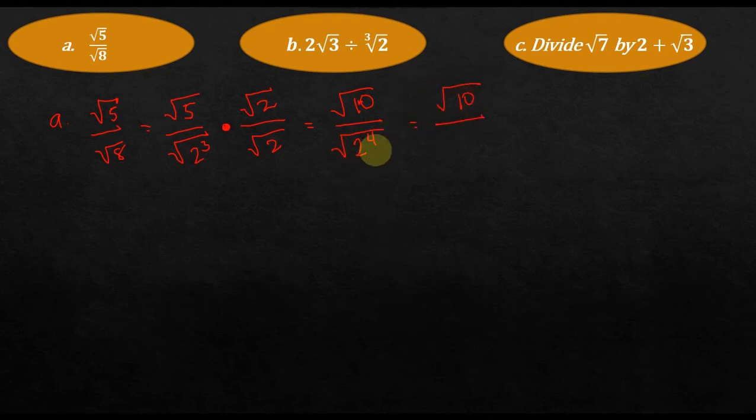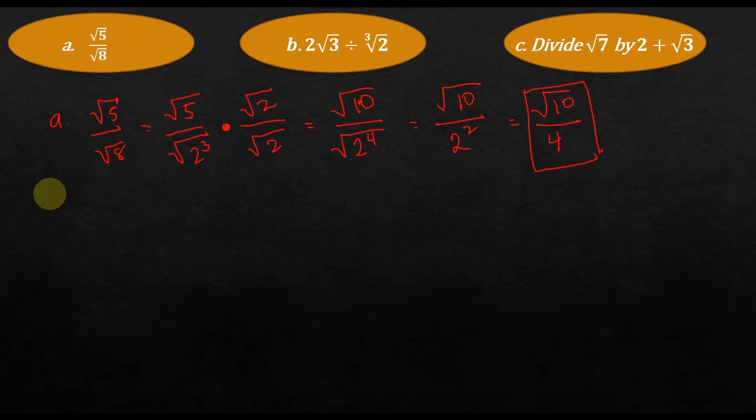And then this will be simplified to 2 squared. You can obtain 2 by dividing this 4 by the index. 4 divided by 2 will give you an exponent of 2. Then, for the final answer, we're going to have square root of 10 over 4. So this is the answer for letter A.